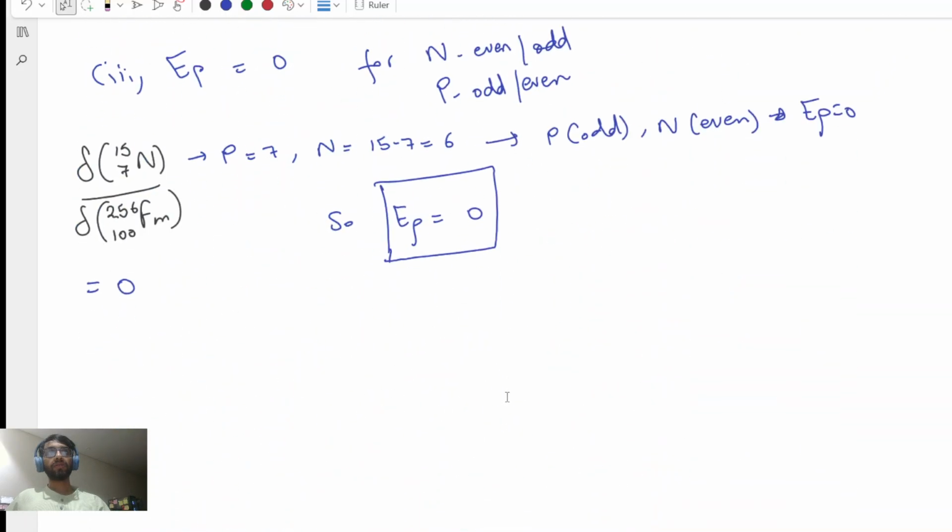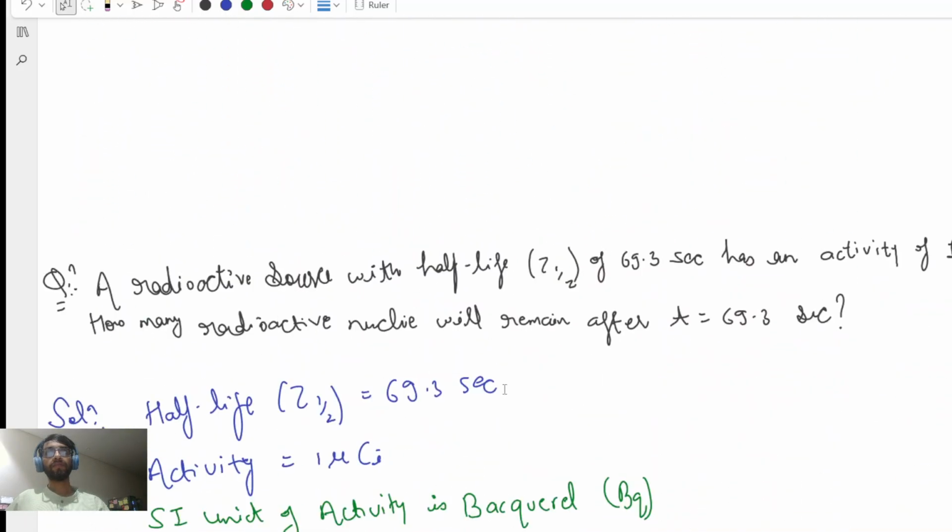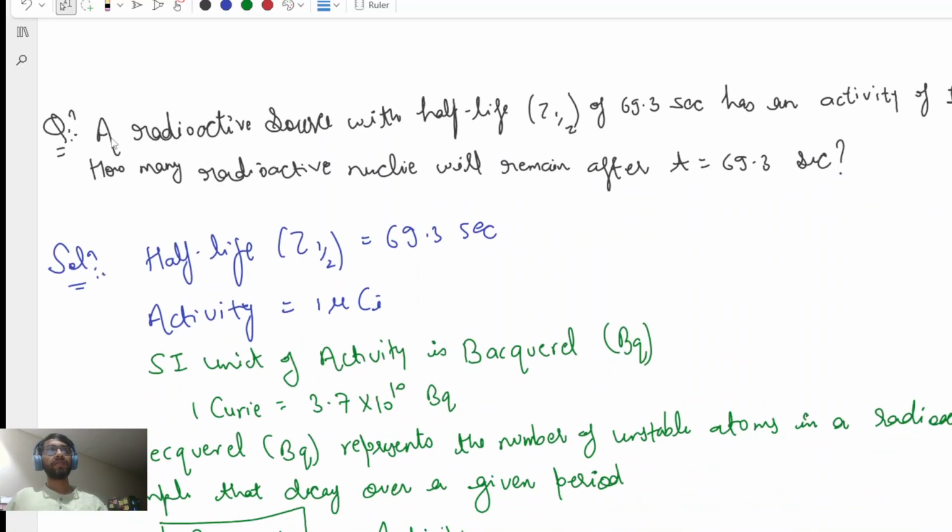Let's come to the second question. We read this question. A radioactive source with half-life of 69.3 seconds has an activity of 1 microcurie. How many radioactive nuclei will remain after t equals 69.3 seconds?